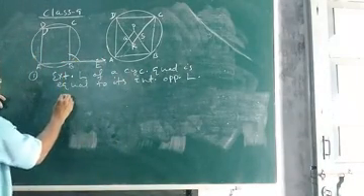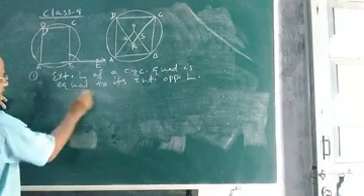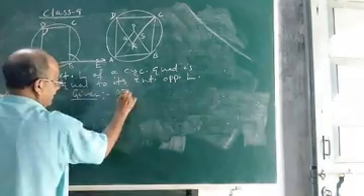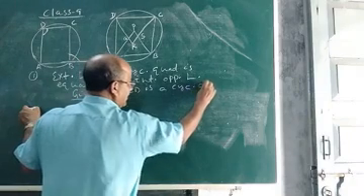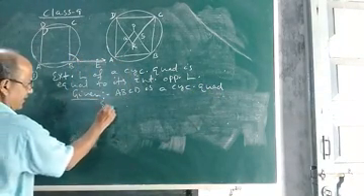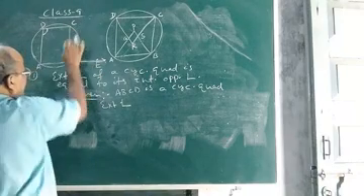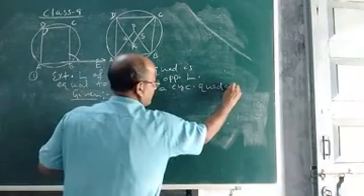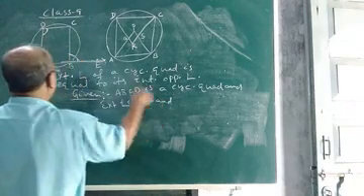So that means, in this particular figure, what do we want to prove? What is given? Given is ABCD is a cyclic quadrilateral. Then this is the exterior angle, exterior angle CBE, and which is the interior opposite angle?